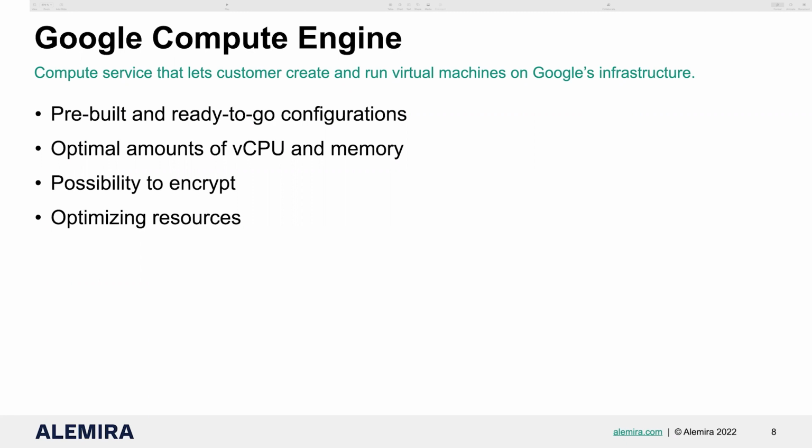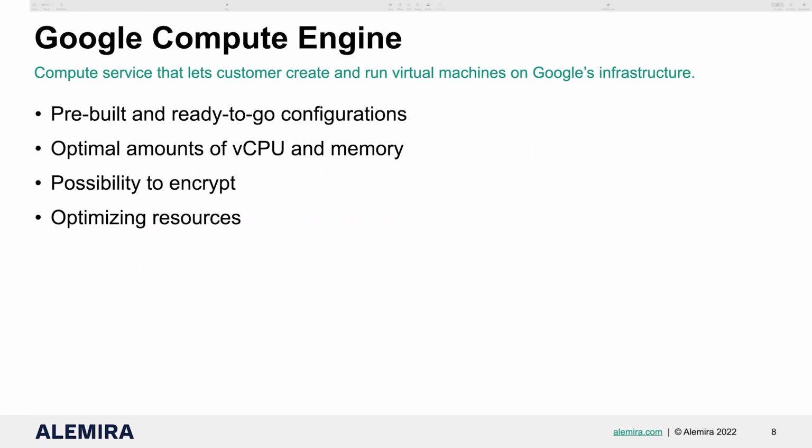One of the interesting features is the possibility to encrypt everything. Of course, Google is watching you, but you can try to encrypt. Also in Google Compute Engine, you will receive hints to optimize your resources.